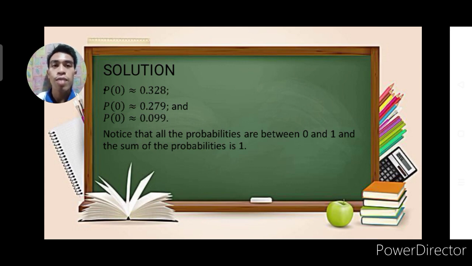Notice that all the probabilities are between 0 and 1, and the sum of the probabilities is 1.